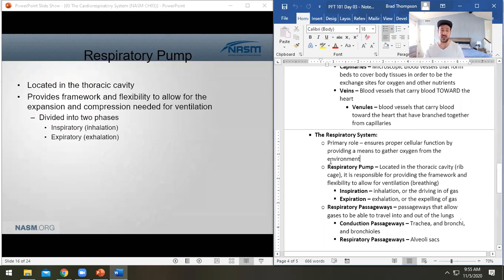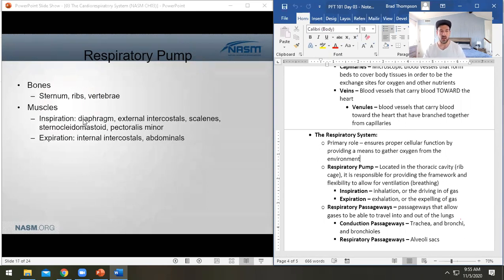So that's the respiratory pump. It's things like your diaphragm, right? Your diaphragm is this little muscle that lives underneath the lungs. It's this little dome-shaped muscle. And when the diaphragm contracts, it actually flattens down like that.